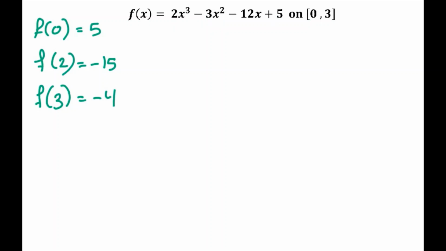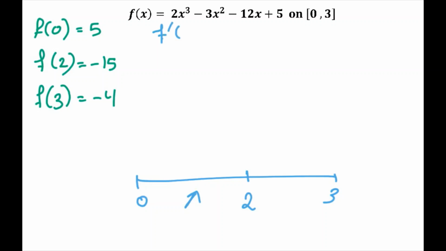Now we're going to create the number line between 0 and 3, and I just have 2 here. Taking any point here, substitute it in the derivative. Remember, we are substituting in the derivative because we want to see the direction of the tangent.